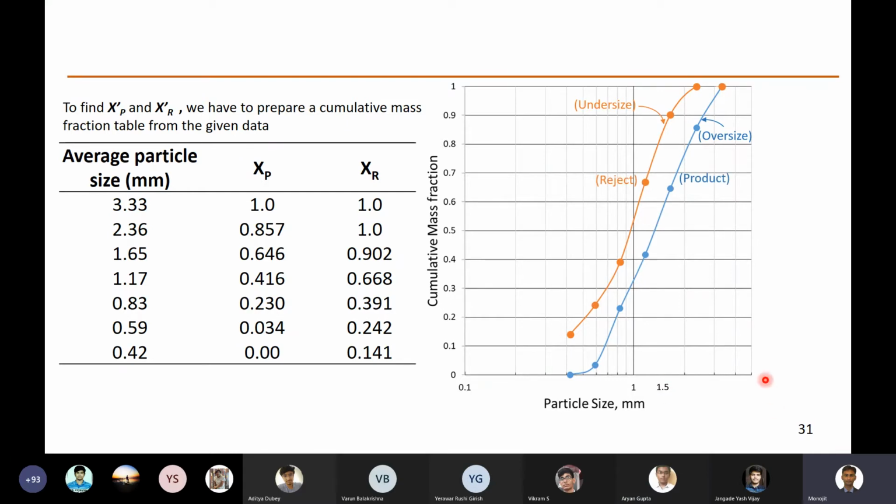If I draw a vertical line from here, where should I intercept? In this graph or in this graph? The reject graph or the product graph? Product graph. Why not reject?